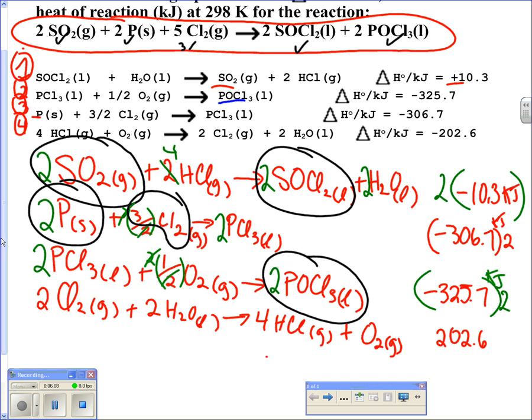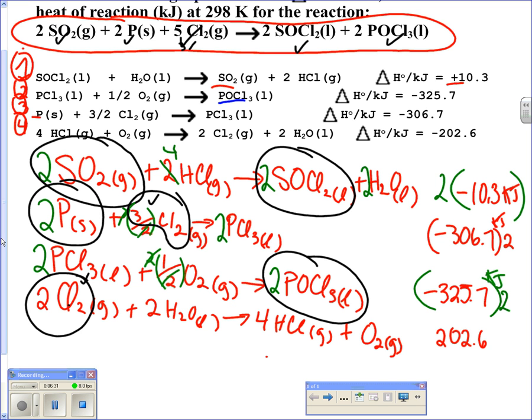So I'm going to circle. I have the 2 chlorines that I needed, so 2 plus 2 plus 3 is 5, so I'm totally done there, and I don't need to multiply by anything. My last step is to get rid of everything that's not circled. As long as they're on opposite sides, they'll cancel out.